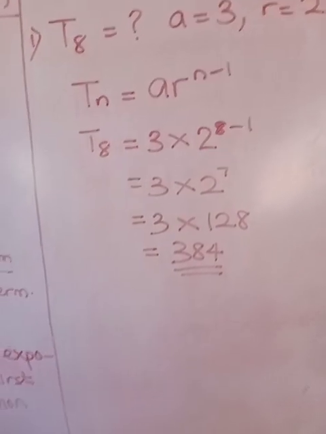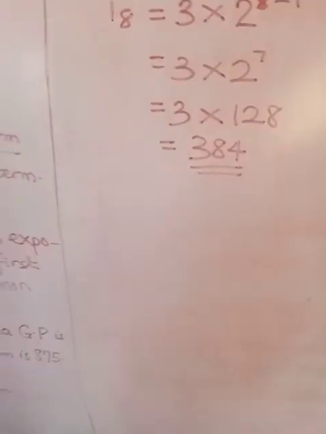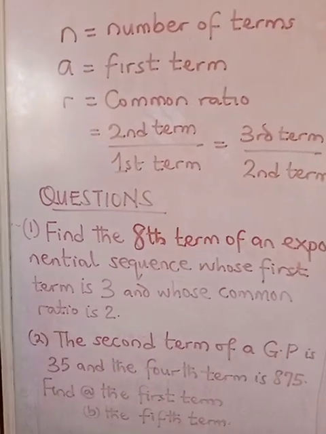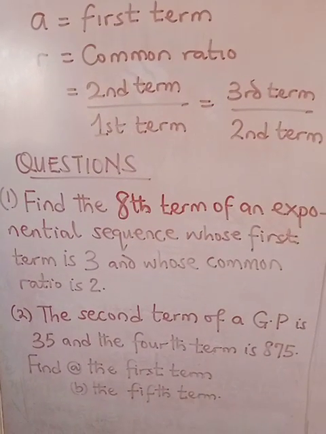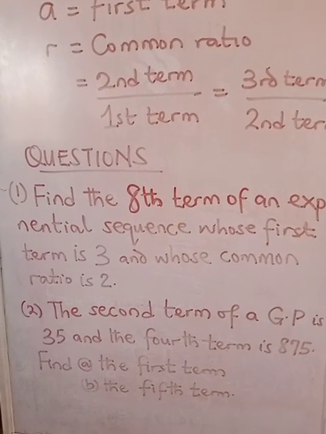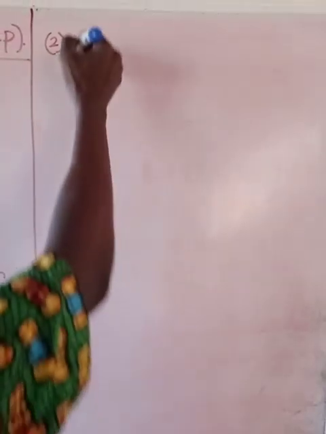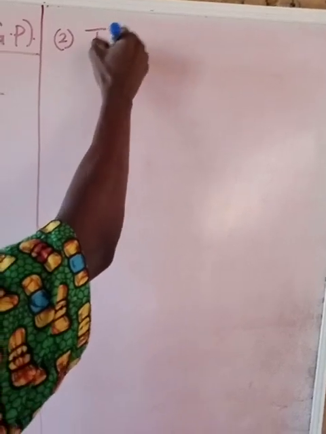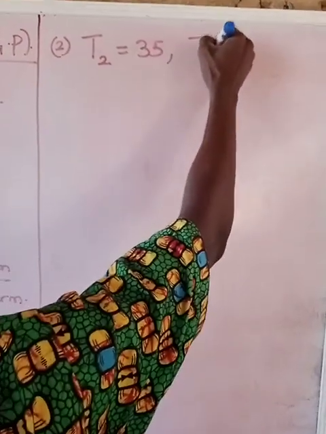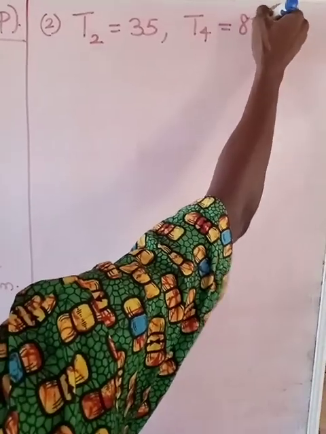Then the second question, can we do that together again? The second term of a GP is 35 and the fourth term is 875. We have to find the first term and the fifth term. Let's do that together now. The second term, T2, is 35, and the fourth term, T4, is 875.